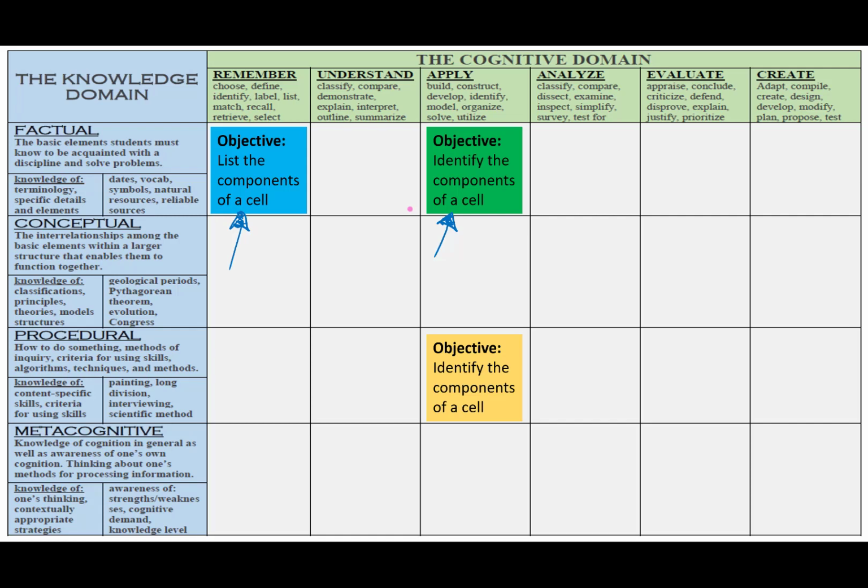Okay, so I can now take this same objective, identify the components of a cell, and based on the evidence and the assessment, I might move it down here.